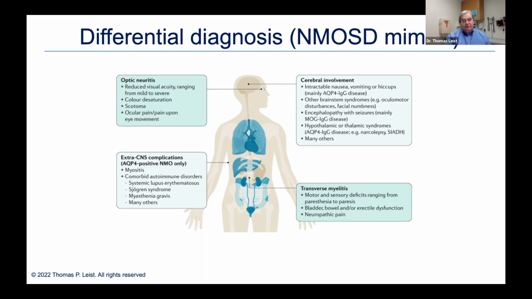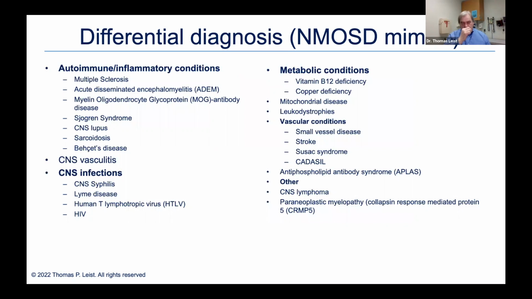As always, when we diagnose a rare condition like neuromyelitis optica, it's important that we appropriately rule out other conditions. I just mentioned a few over here. So it is important that the practitioner keeps them in mind and rules out appropriate ones of these listed.